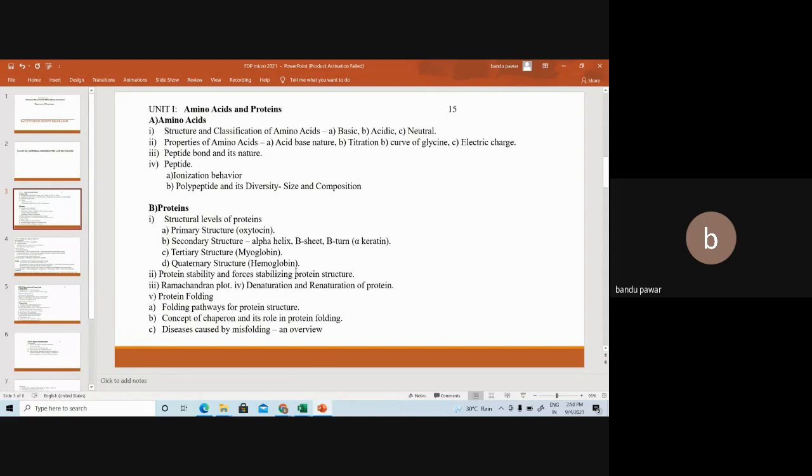Then denaturation and renaturation of protein. How a protein can be denatured and how a protein can be renatured. It is also important. Then protein folding.